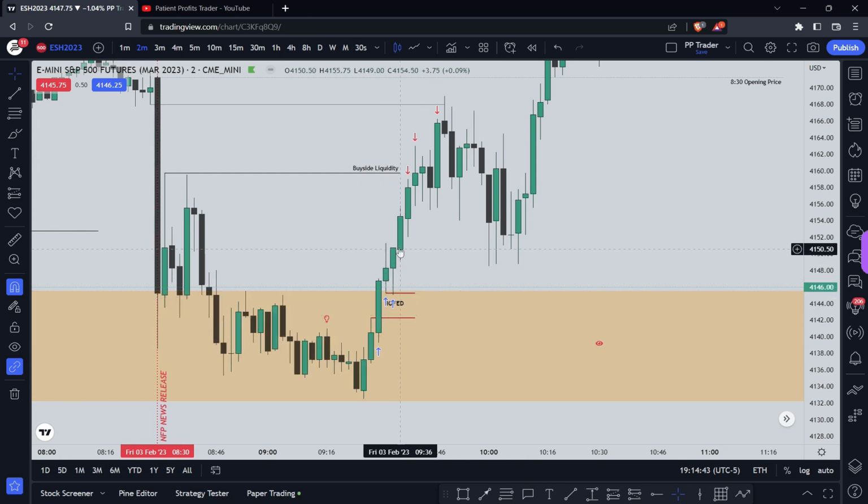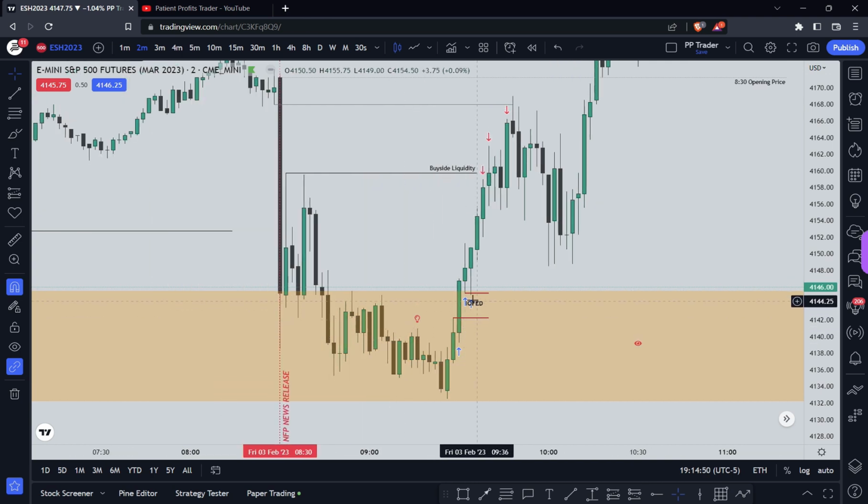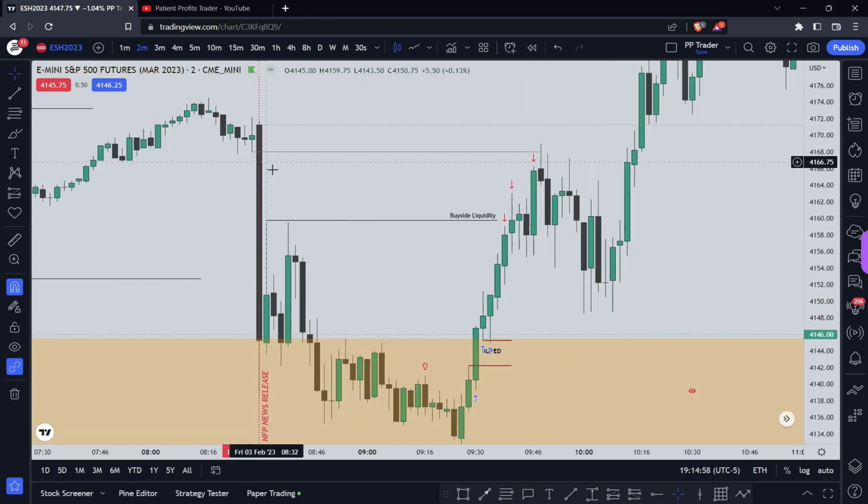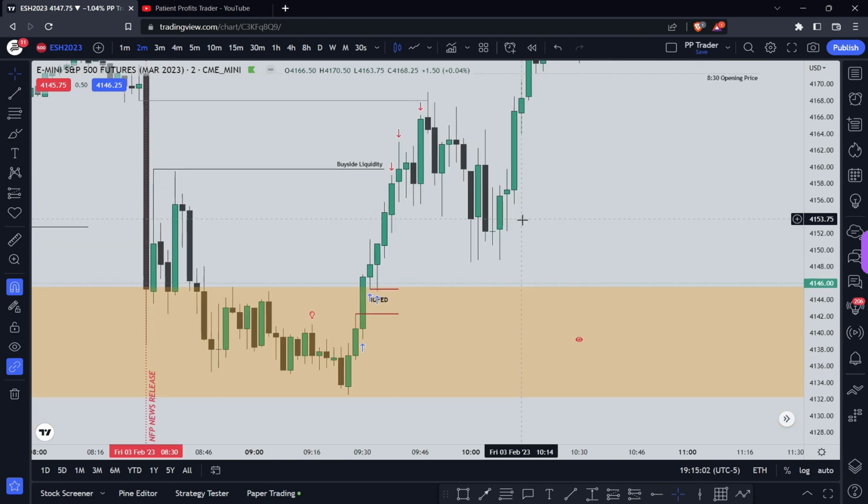Third position when price comes back and taps the fair value gap very lightly, and then price rallies, and then partials as we approach the buy side, partials as we break beyond the buy side, and then last position as we close in this fair value gap. And that was the trade idea.